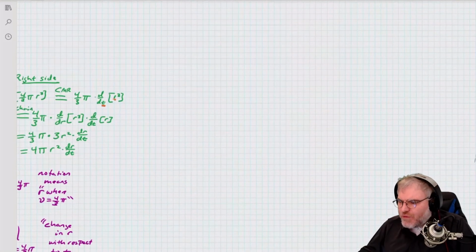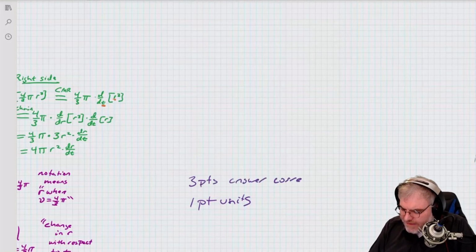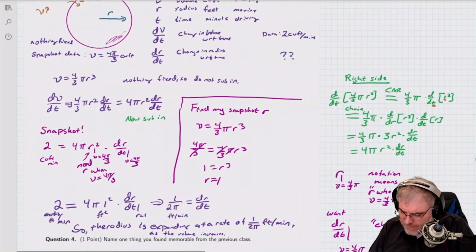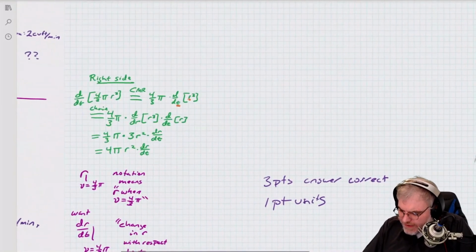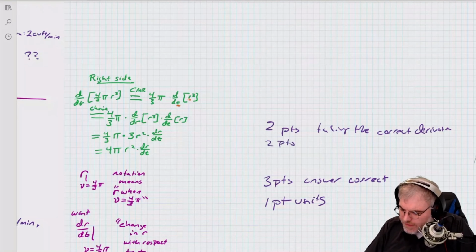So usually there'll be 1 point for units at the end, usually like 3 points for the correct answer, and then taking the derivative will be 3 points. It's probably 2 points for taking the derivative, 2 points for doing the derivative correctly.